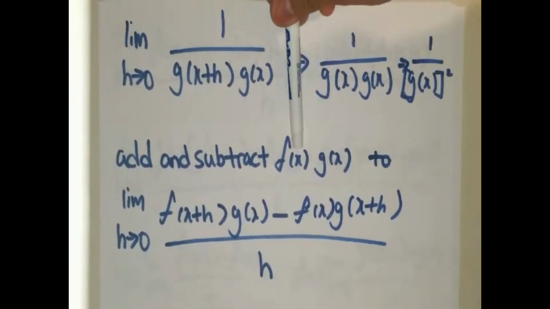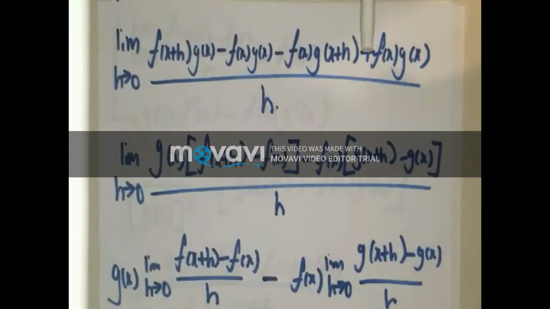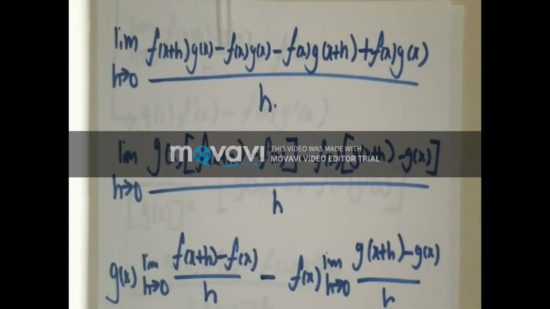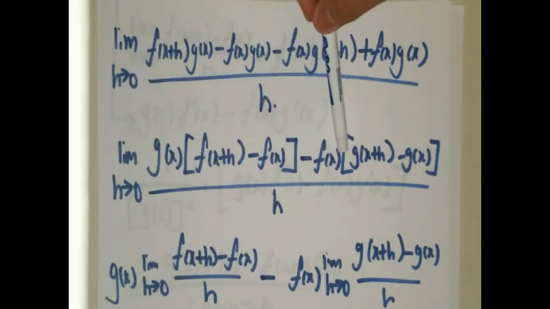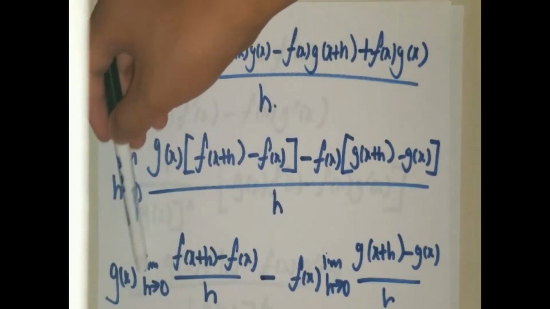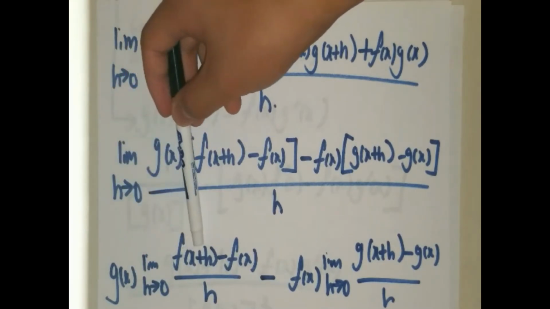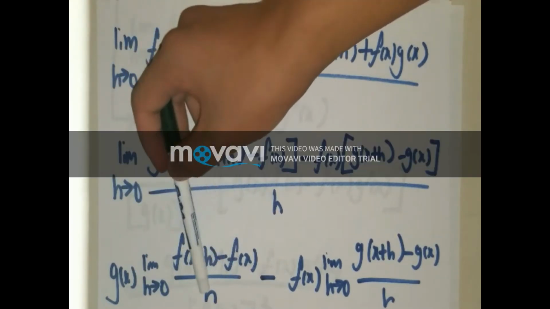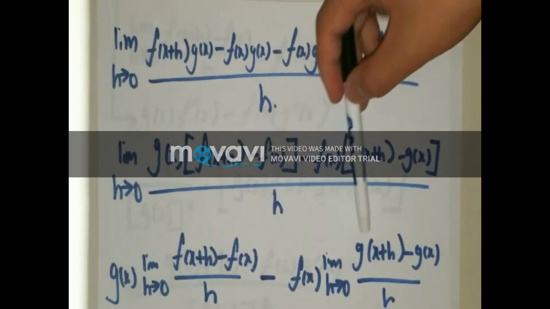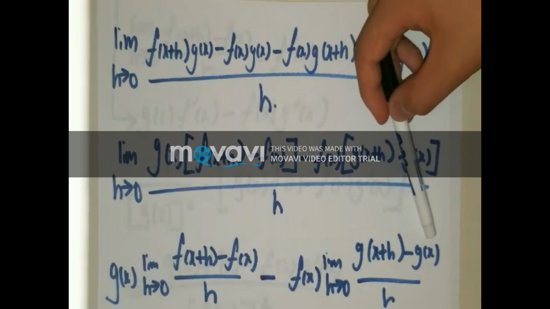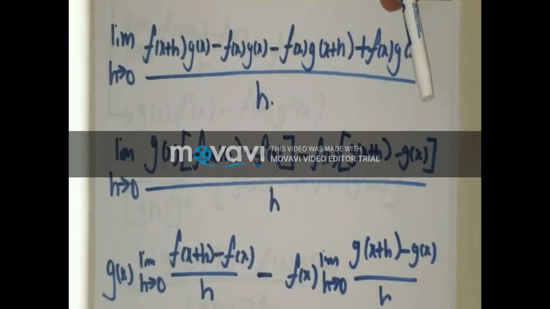When f(x) g(x) is plugged in, the equation looks like the limit as h goes to 0 of f(x+h) g(x) and so on. When h goes to 0, you can take out g(x) and f(x) from each side. It can be separated into g(x) times the limit as h goes to 0 of (f(x+h) minus f(x)) all over h, minus f(x) times the limit as h goes to 0 of (g(x+h) minus g(x)) all over h.